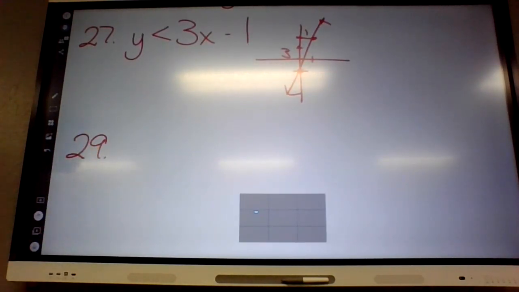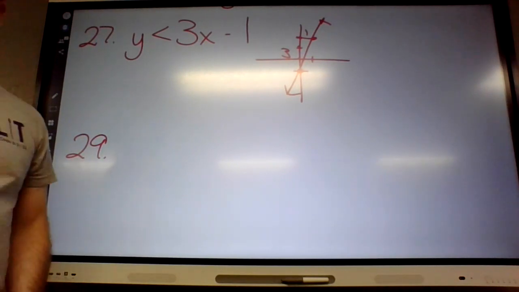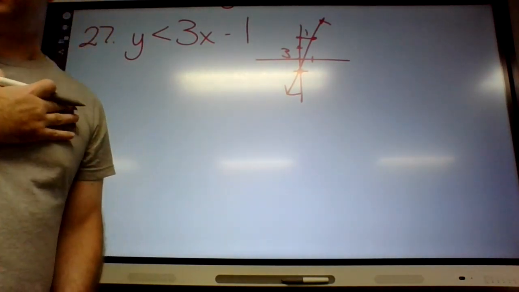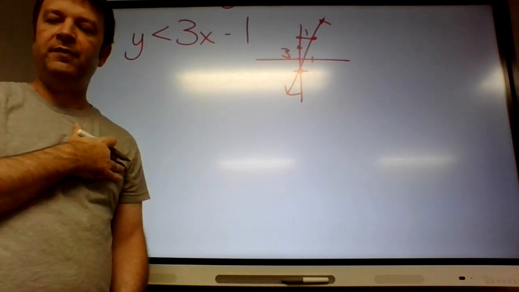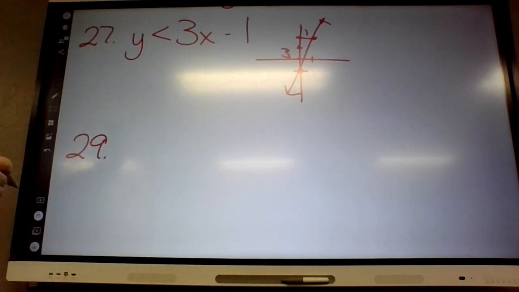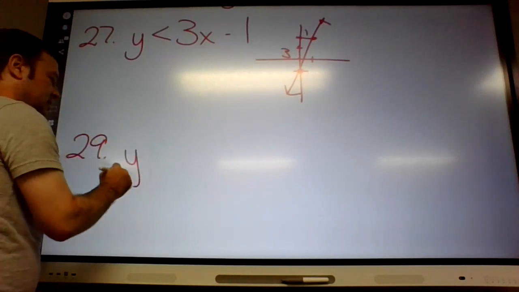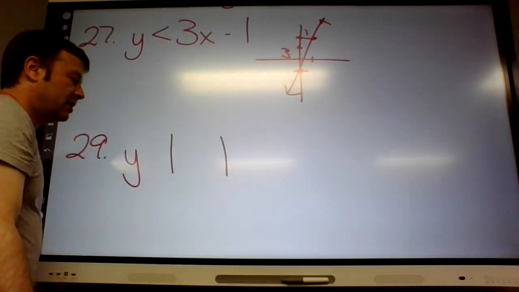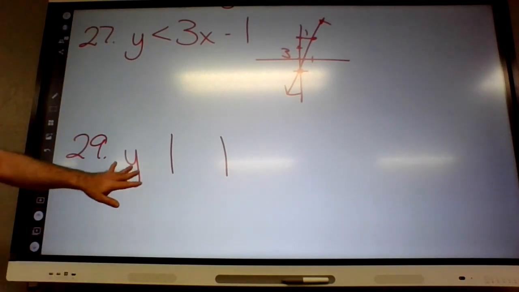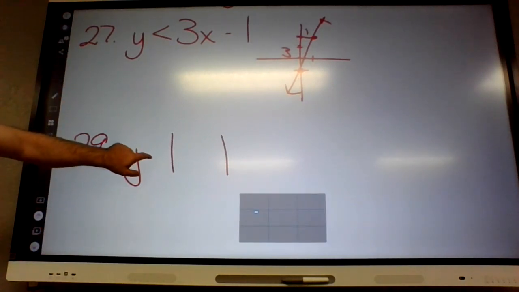Okay, 29. Alright, this one's different because it's not a line, so we're not going to use slope and y-intercept. It's a V shape. So what does that tell us? It's going to be an absolute value thing, right? Let's start with the inequality because that kind of comes first.